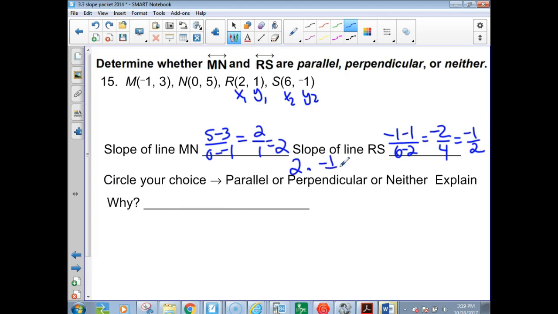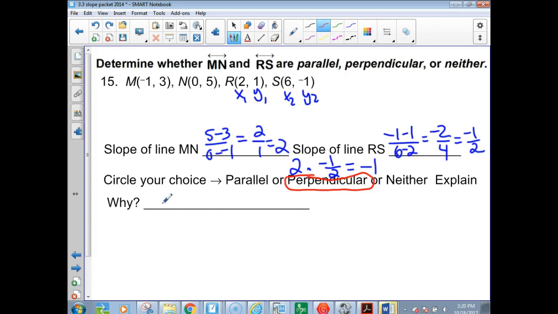2 times -1/2 is equal to -1. That means they are lines that are perpendicular. The other way to look at it, you don't have to do the 2 times -1/2. You can say they're negative reciprocals. One's positive, one's negative, and they're reciprocals of one another.